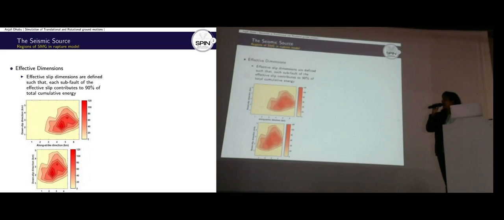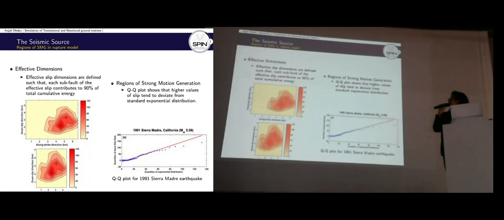Once I have the effective dimensions or the effective slips, I move to determining the regions of strong motion generation. If we see the quantile plots, it's a standard quantile plot for exponential distribution. You can see that initially for the slip model, it nicely follows an exponential distribution, but the highest values of the data set are deviating.